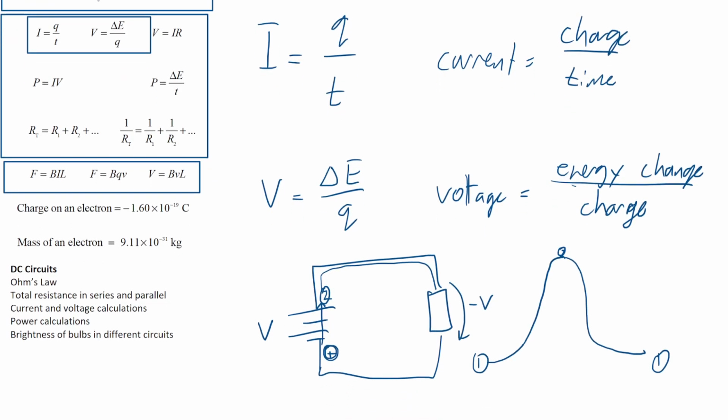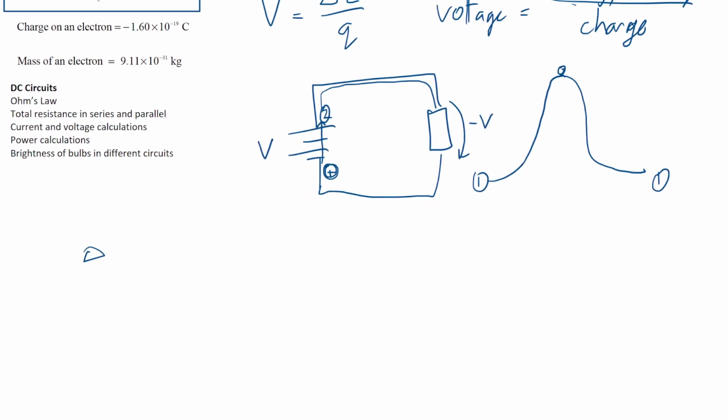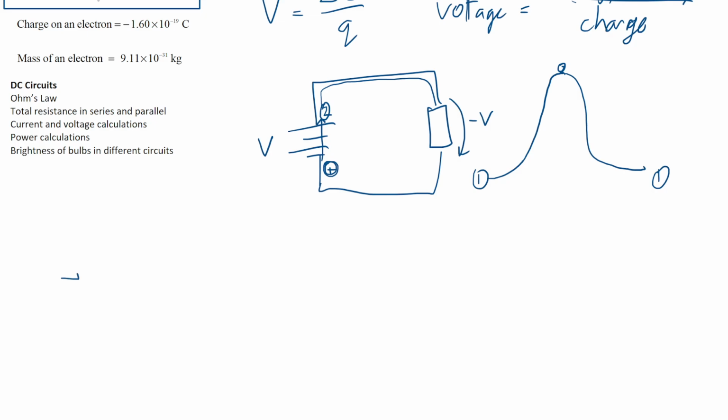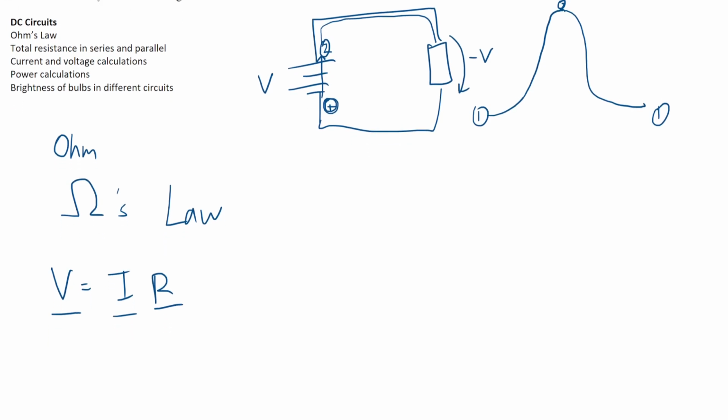Alright, let's move on to Ohm's law. And you're like, why is there a horseshoe? Well, that is omega, which is the unit ohm, right? That is the unit for resistance, because Ohm's law relates resistance, the current through it, and the voltage across it.